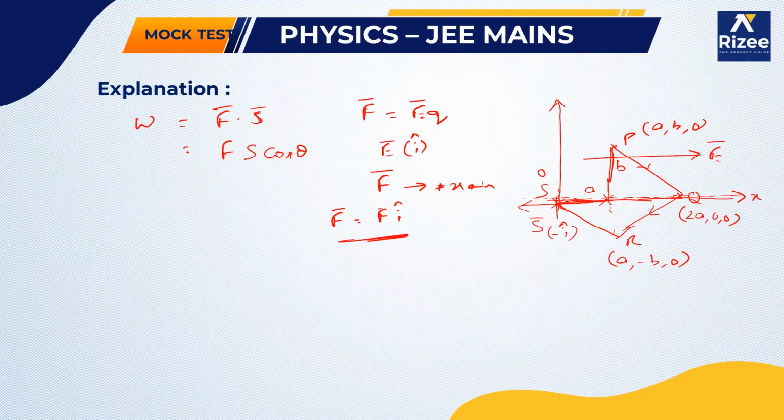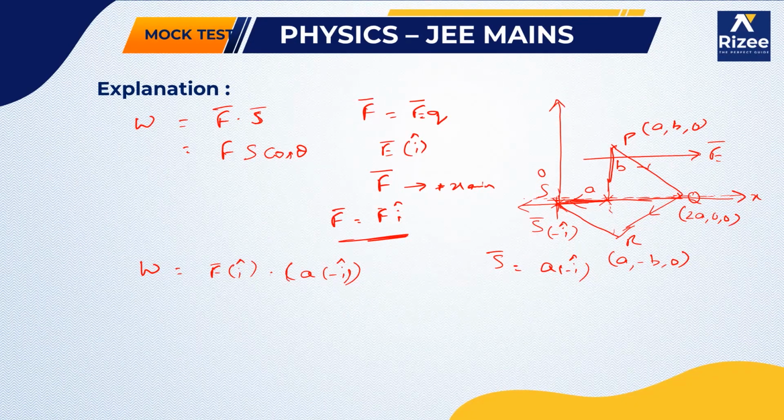So the overall work done can be directly written as: work done is equal to F bar, which is along the i cap direction, dot the displacement, whose value is a in the minus i cap direction. This is your displacement, S bar equals a of minus i cap. You are traveling towards the negative x-axis.